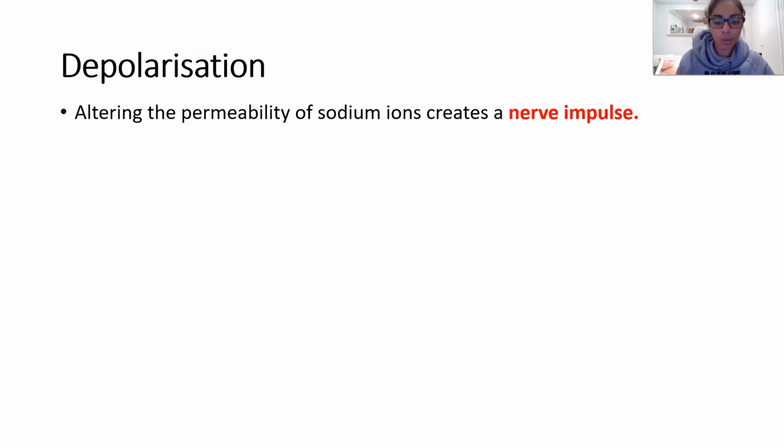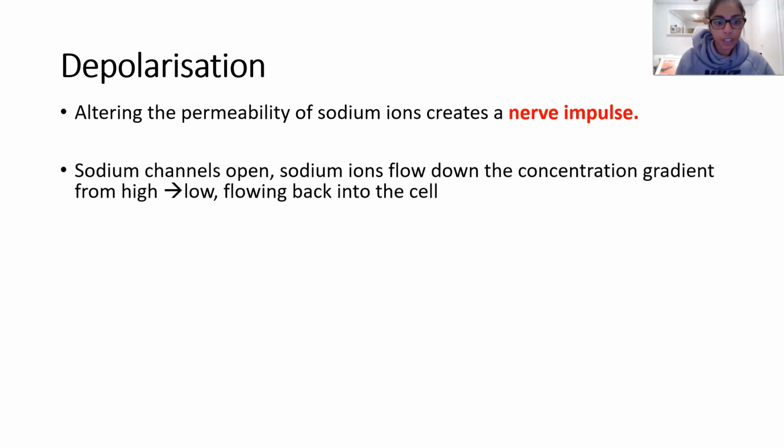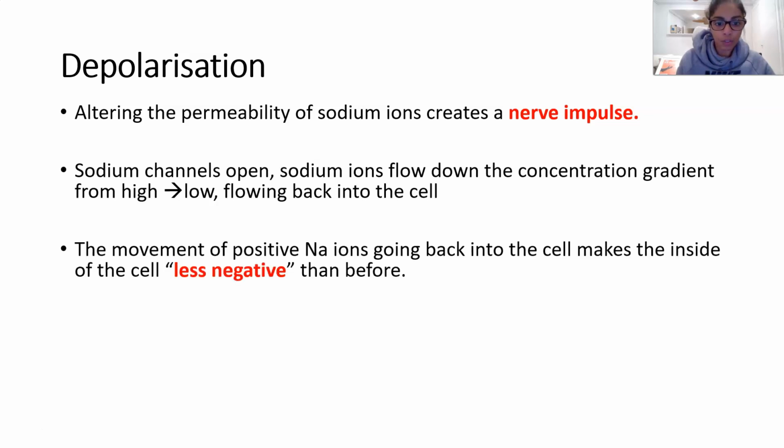So if the sodium channels start to get wider, sodium will be able to enter the cell, and this creates the nerve impulse. So sodium channels open, and because of diffusion, the sodium will move into the cell down the concentration gradient.